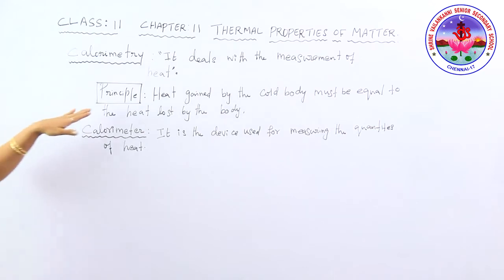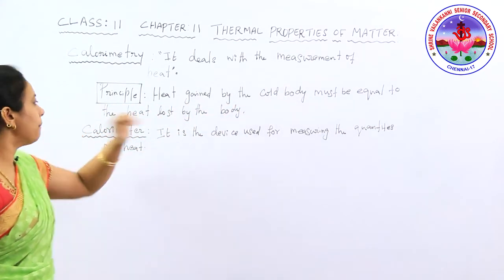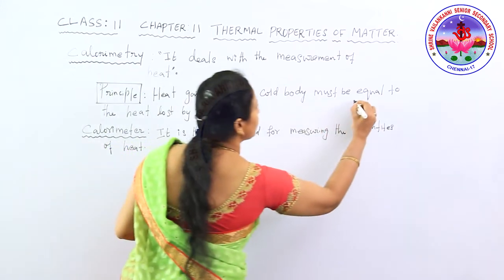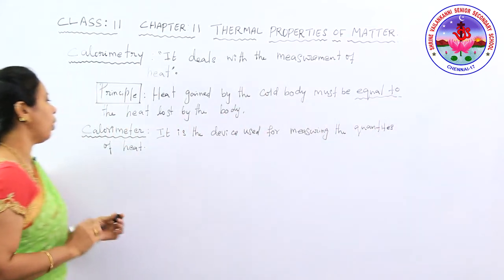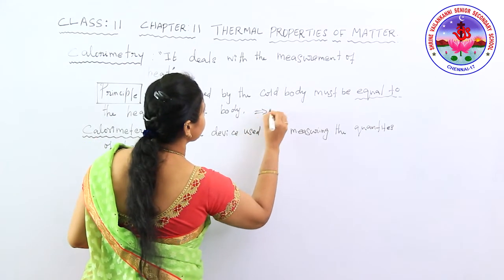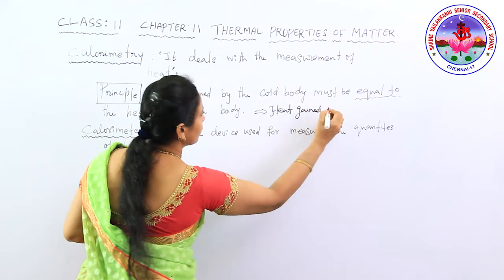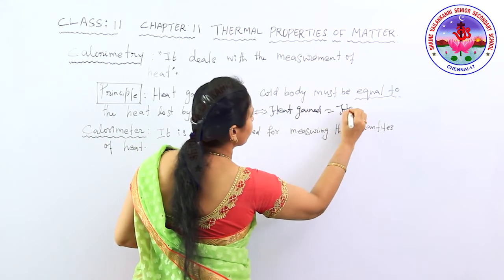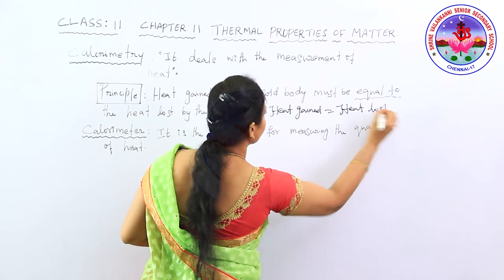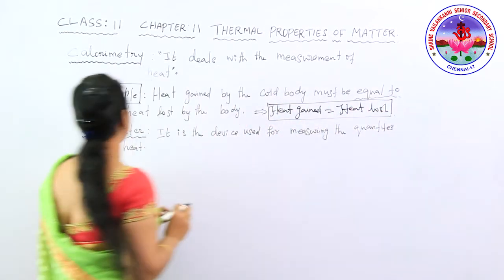So we say heat gained by the cold body must be equal to the heat which is lost by the hot body. Right. So, this is the principle of the calorimeter.